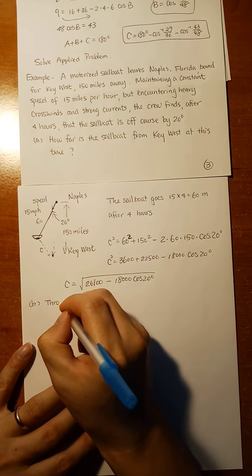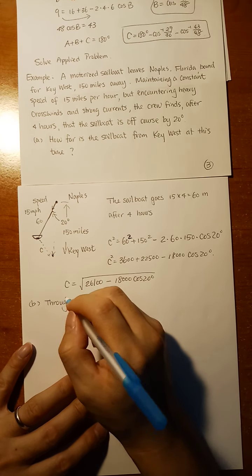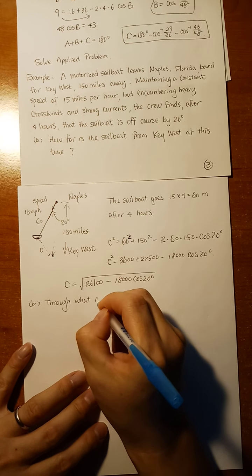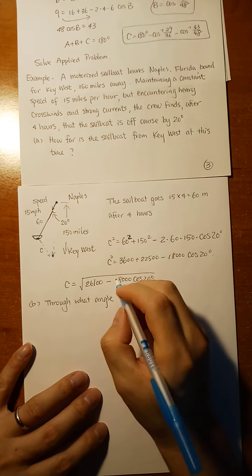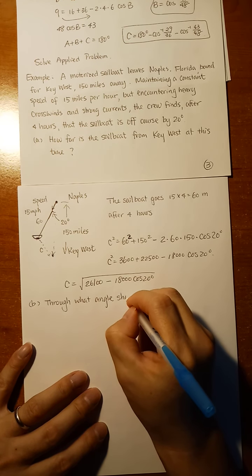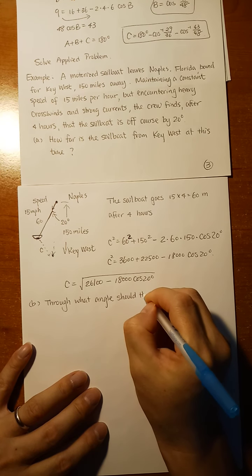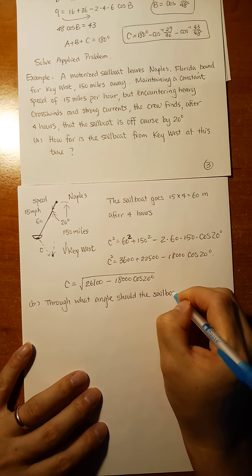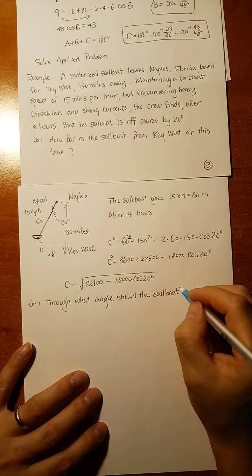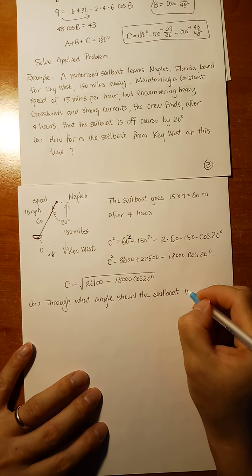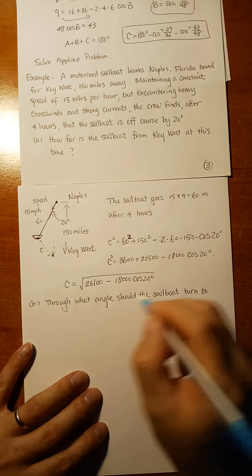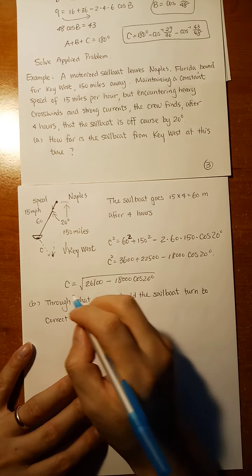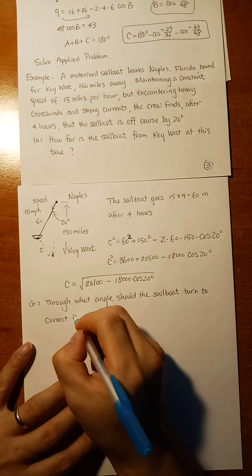Okay, so the second question: through what angle should the sailboat turn to correct its course?